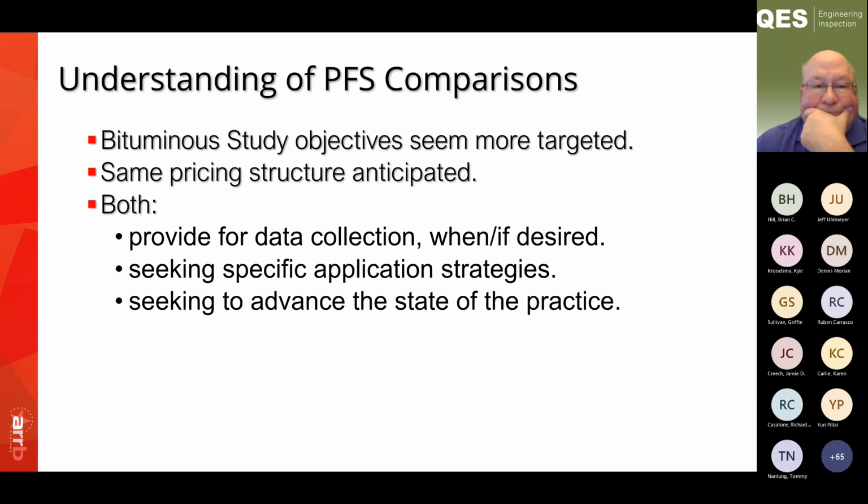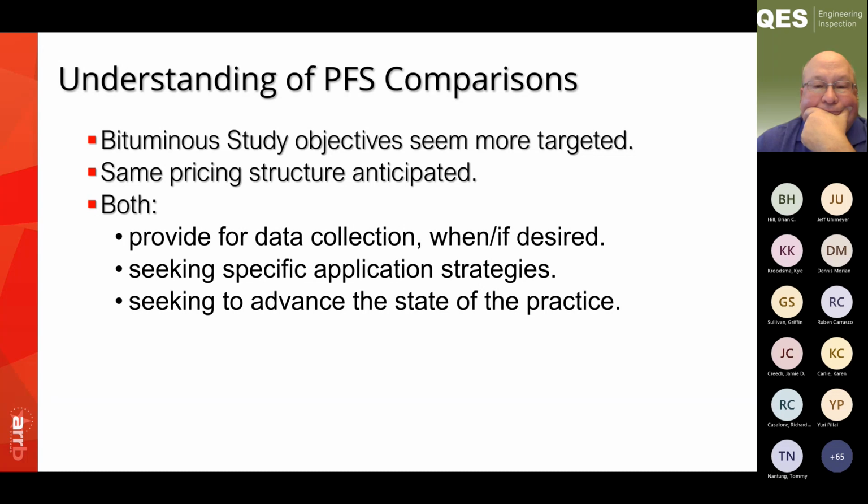Both of the studies provide for data collection when and if desired, specifically to help agencies focus on projects they're interested in and not necessarily have to be working with data sets from a highway in some other state. Both are seeking very specific application strategies, although slightly different ones.